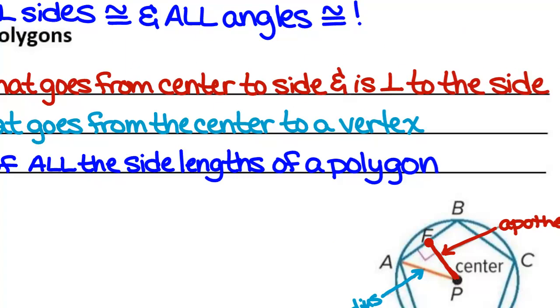We just started our notes on page 4. The sum of all the side lengths of a polygon is the perimeter.